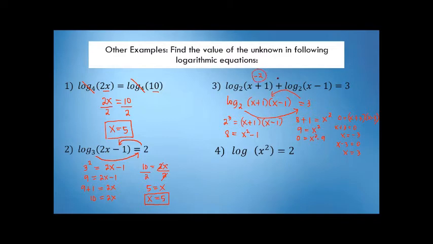Therefore, magka-negative siya. Then, kung dito naman negative 3 minus 1, negative 4. So, ibig sabihin, this is not an answer. Pero, pag positive 3 ang sinubstitute natin, 3 plus 1 is positive 4. Then, 3 minus 1 is positive 2. Therefore, ito lang yung answer natin for the value of x.